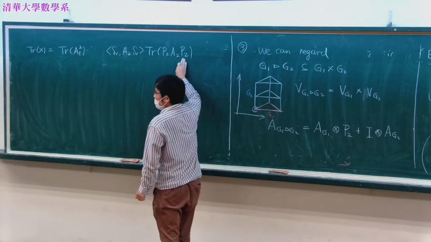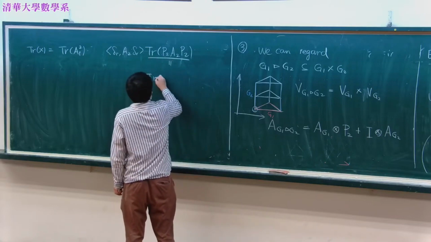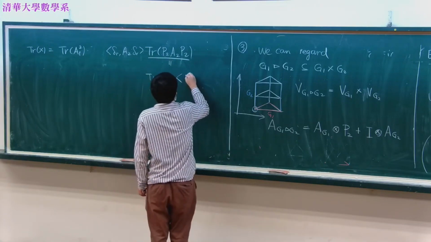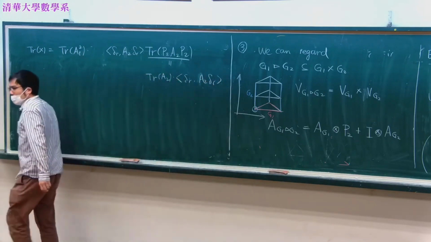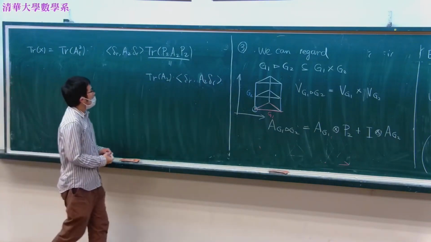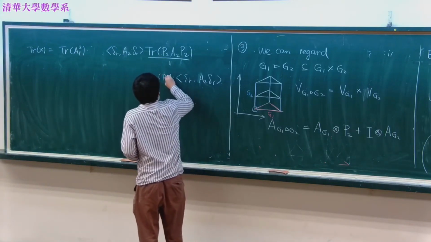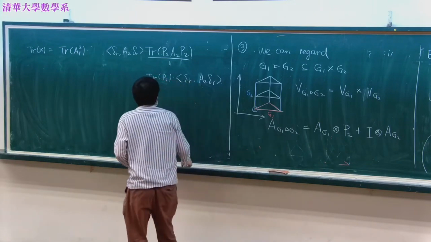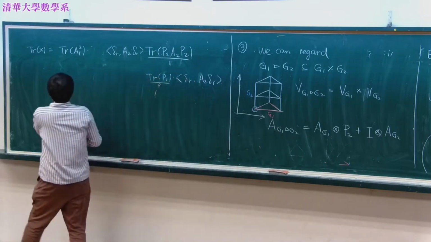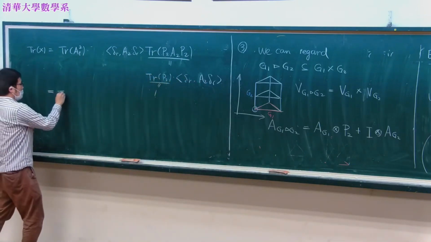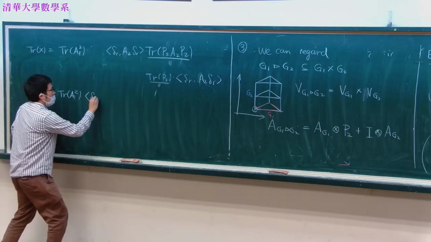Then we can again use that formula, so this is just the trace of A2 and again the inner product. And the trace of P2 is just 1.